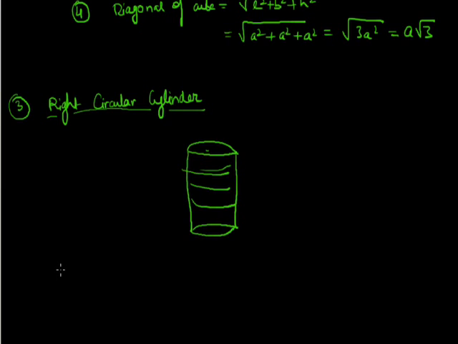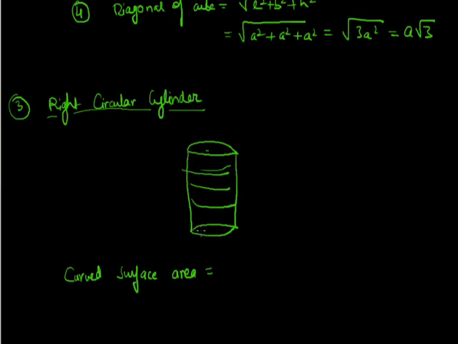Now we'll see how to find out the curved surface area, total surface area, and volume of the right circular cylinder. First we see the curved surface area of the cylinder. In the cylinder, the bottom and the top part are flat circular surfaces, and there is a curved part in all its vertical surface.